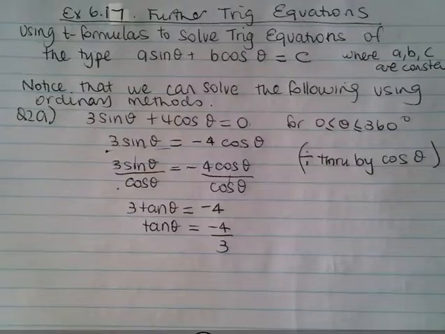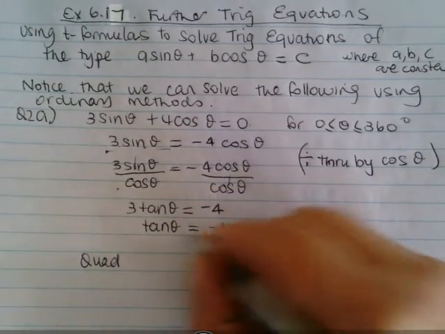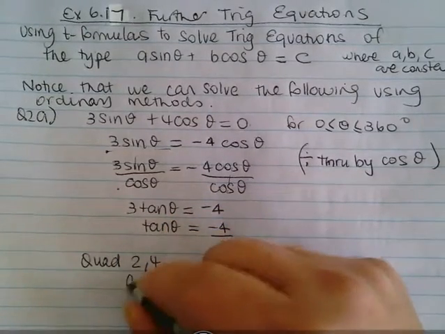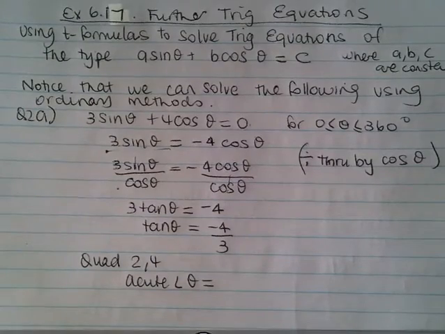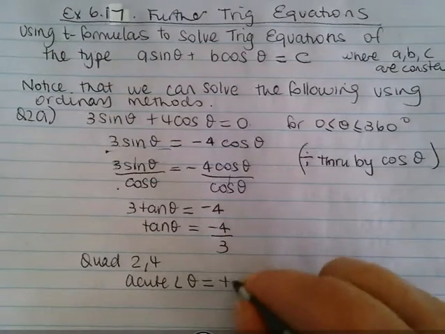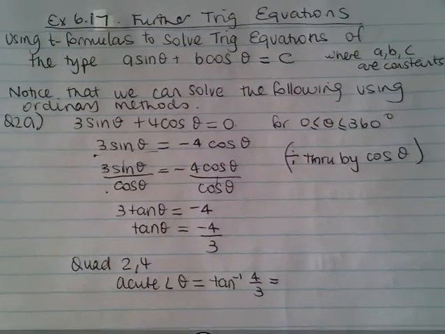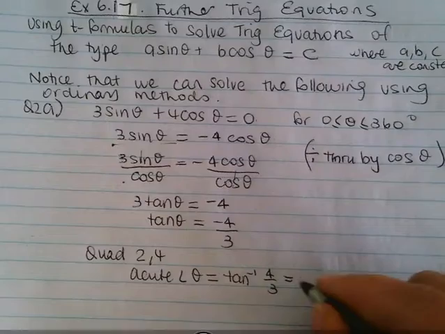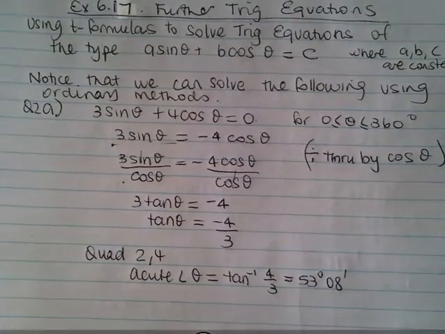Before we start, we follow the 3 steps as we did in 2 unit. Which quadrants? Tan is negative in quadrants 2 and 4. Acute angle theta, you do not put the negative into your calculator. The negative only tells you the quadrants. So we want shift tan of 4 on 3, which is 53 degrees and 8 minutes.